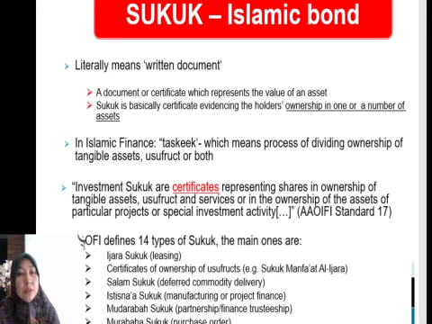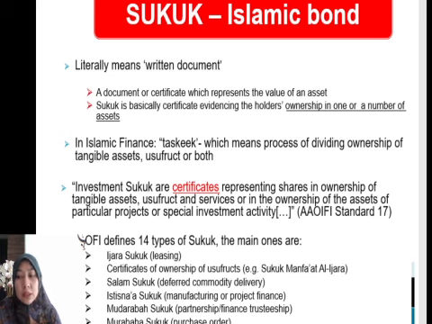So investment sukuk are certificates representing shares in ownership of tangible assets, like a project to build a hospital, a school, or a refinery. They collect money to invest into that project based on sukuk. It represents ownership of the asset.